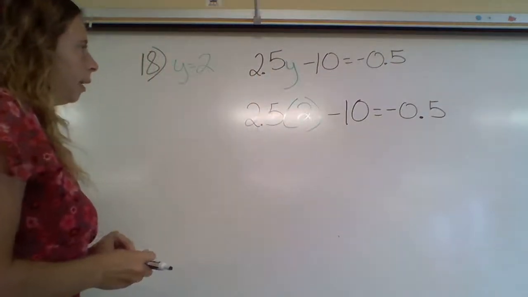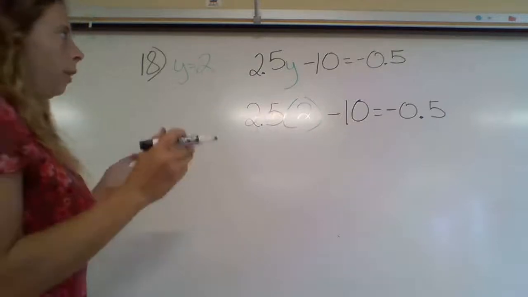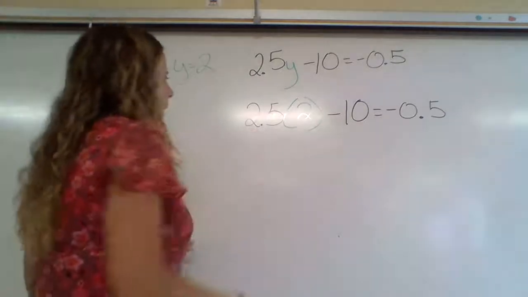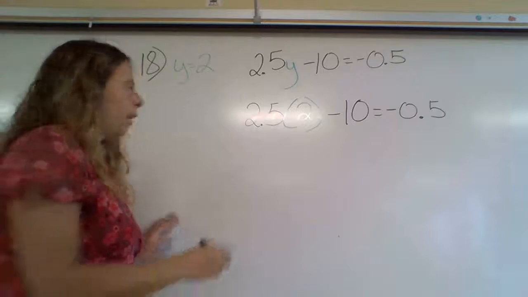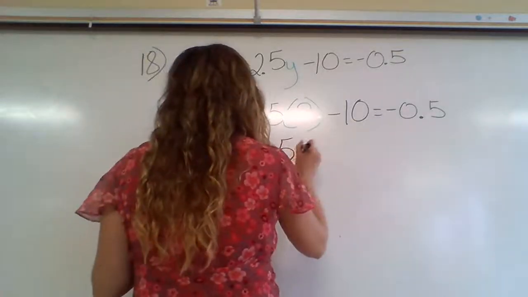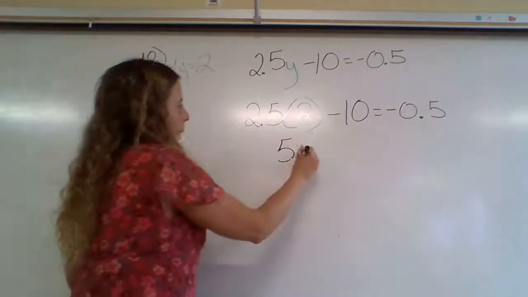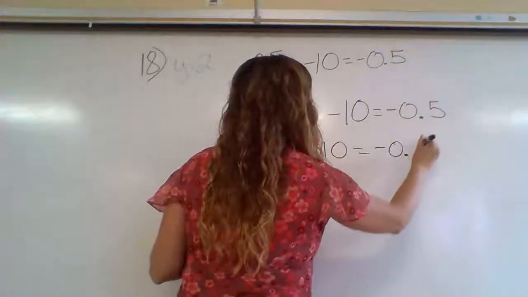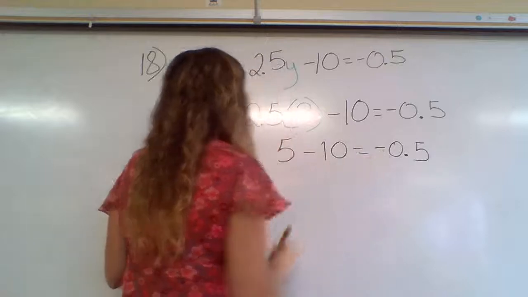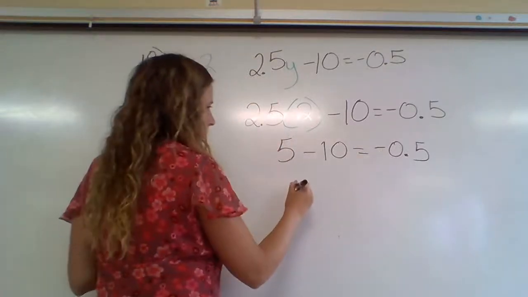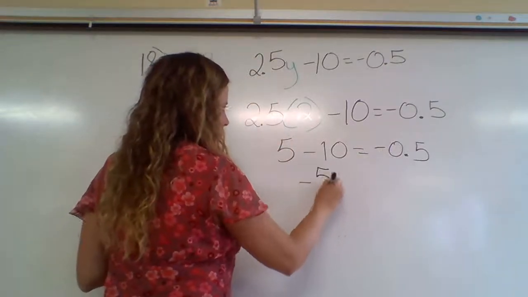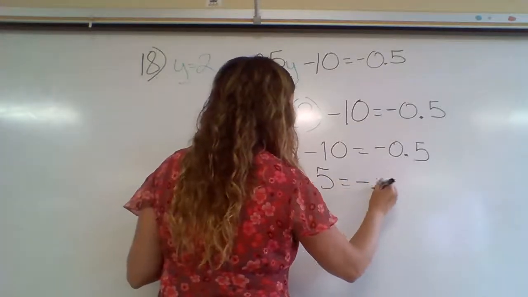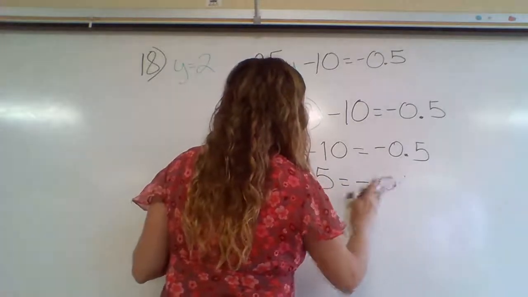Okay, and then solve it. So I have 2.5 times 2, 5. And then minus 10 equals negative 0.5. 5 minus 10 is negative 5.